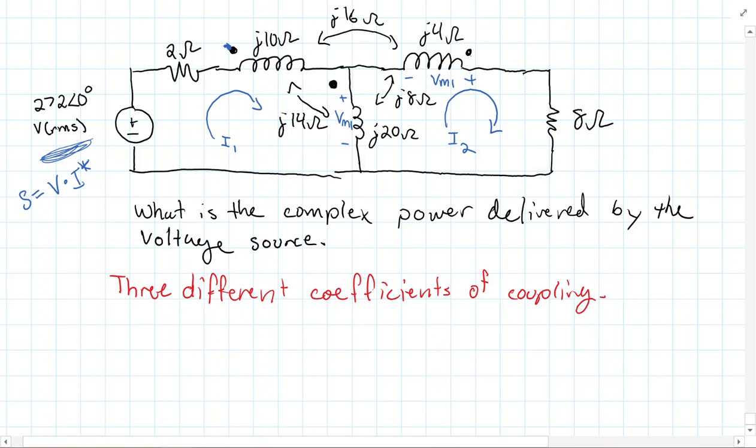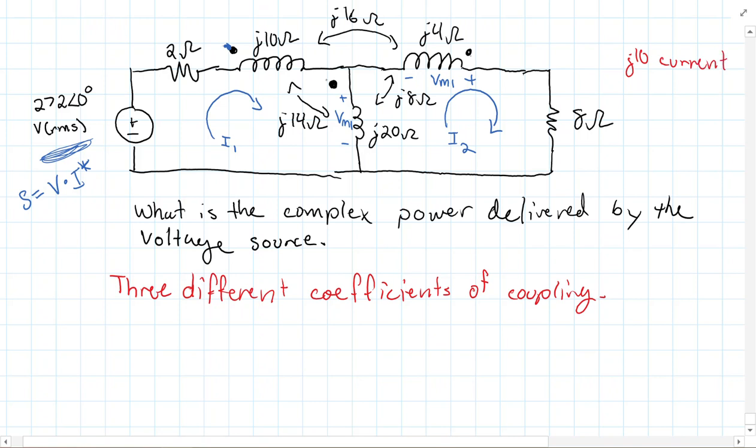Alright, now I just need to go through all three inductors and do the same thing. I'm going to change colors here, because the figure is going to get a little messy, so you might want to pause, rewind, and make sure you understand exactly how it is. Now I'm going to look at this J20 inductor. First off, the J20 has current, I'll put it off to the side here.